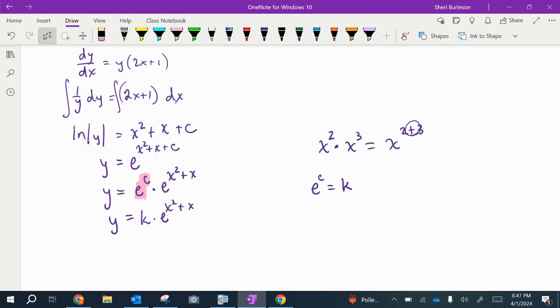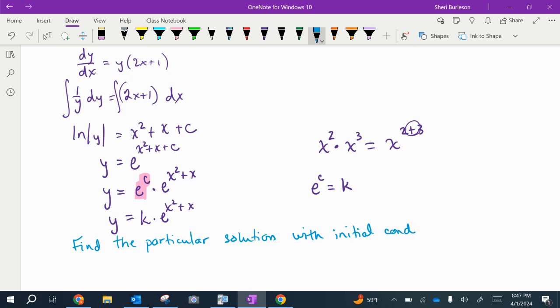So now if I wanted to find the particular solution with initial condition, again, let's do y of 0 equals 2.